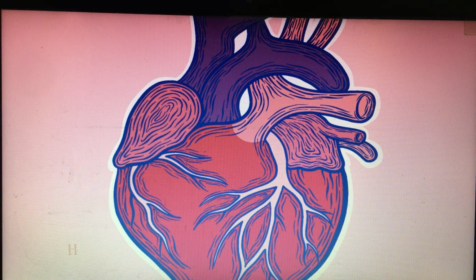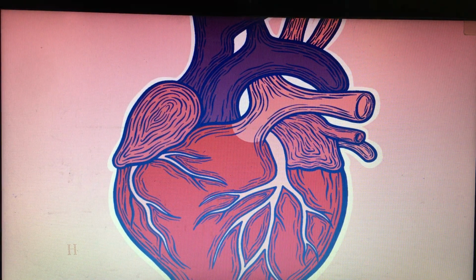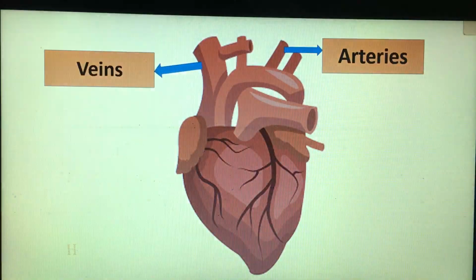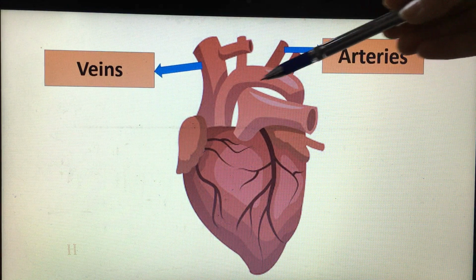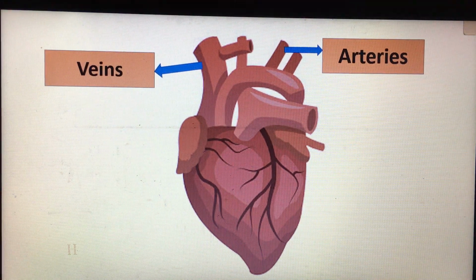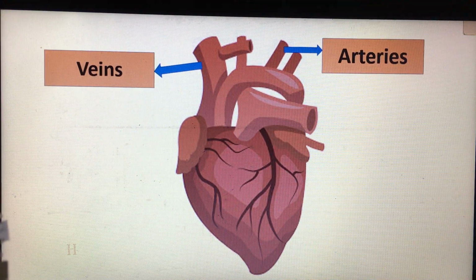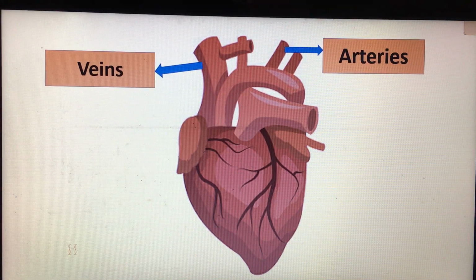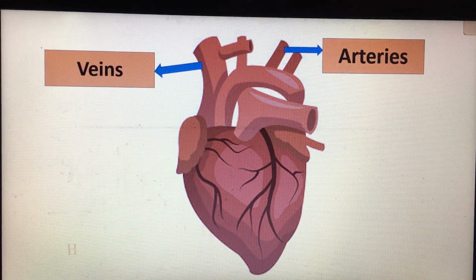So, the heart is very important because it pumps blood around our bodies through tubes. So, this blood passes through tubes. Those tubes are called arteries and veins.